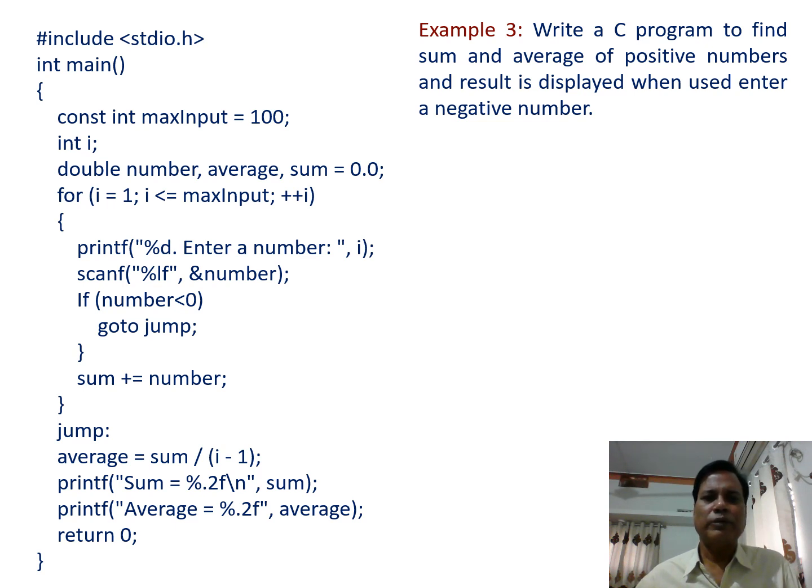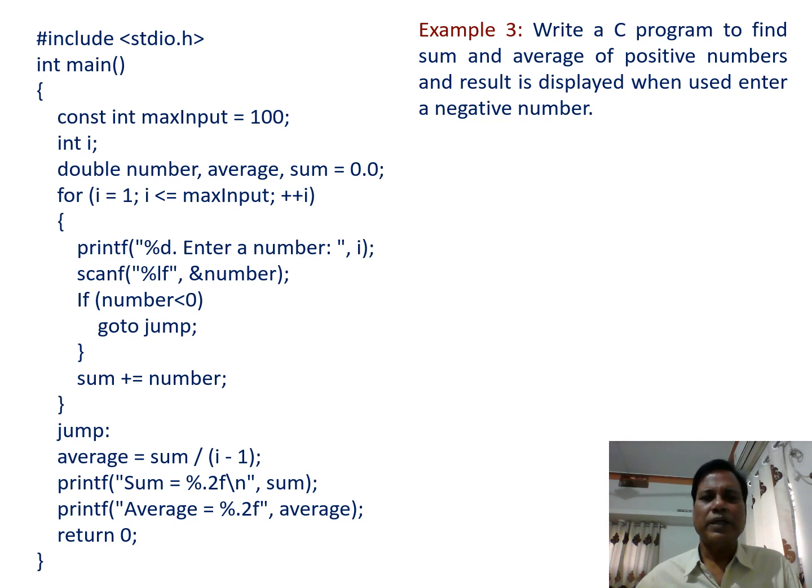So in the body of the for loop, the first statement is printf %d. So at this point the value of i is printed, that is 1. Enter a number. So whenever the user enters a number, that number is taken in and stored in the variable number.